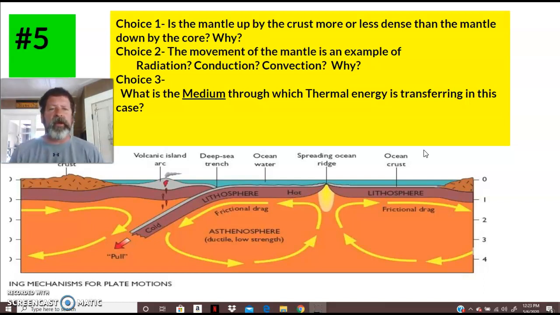And please explain your answer. Choice 3, what is the medium through which thermal energy is transferring in this example? So what medium is thermal energy transferring through when we're talking about the movement of the mantle? So those are your 3 choices for question number 5. And again, you can pause on that if you wish.